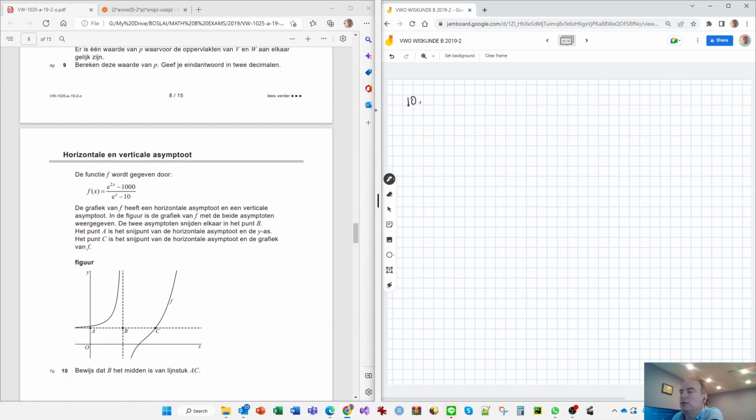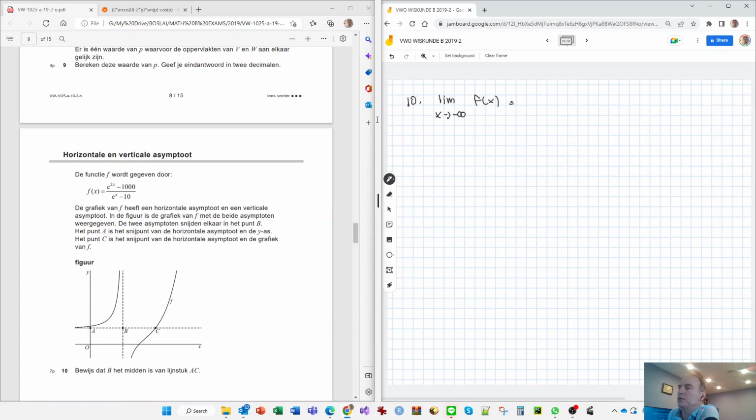We need to calculate this horizontal asymptote. So this is from the behavior if x goes to minus infinity. Well, e to a large negative power will approach 0 very quickly. Same for e to the power 2x, I meant, and e to the power x as well.